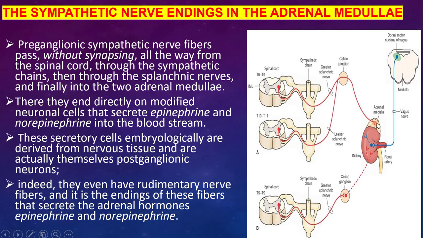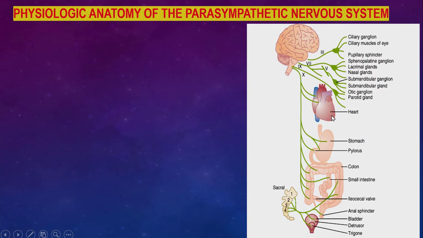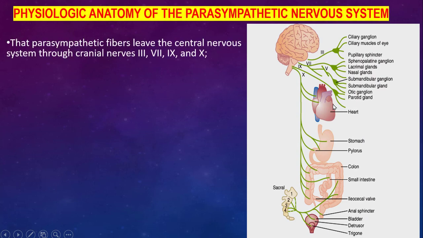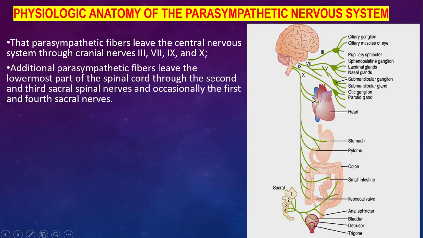Physiological anatomy of the parasympathetic nervous system. The parasympathetic fibers leave the central nervous system through cranial nerves 3, 7, 9 and 10. Additional parasympathetic fibers leave the lower part of the spinal cord through the second and third sacral spinal nerves and occasionally the first and fourth sacral nerves.